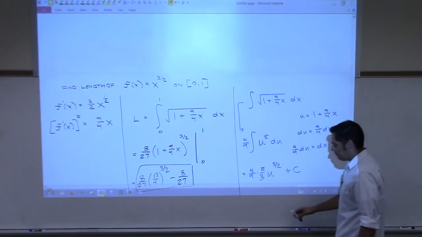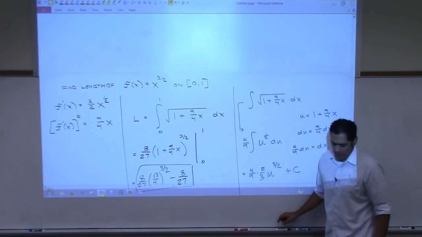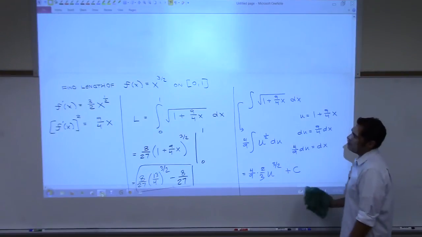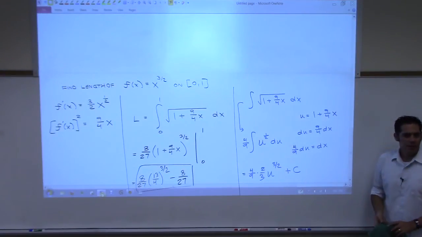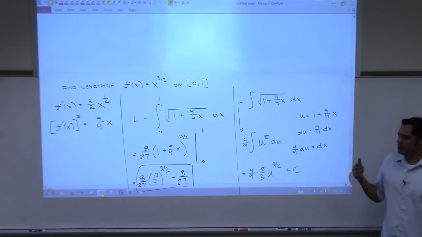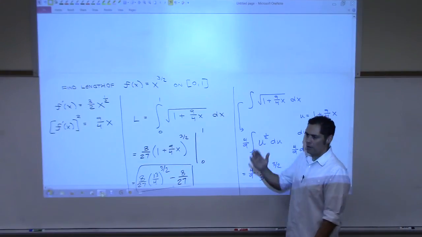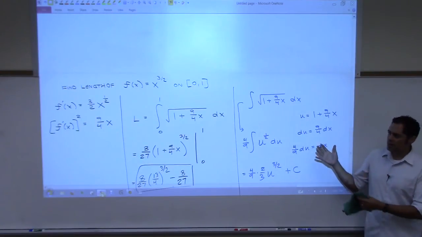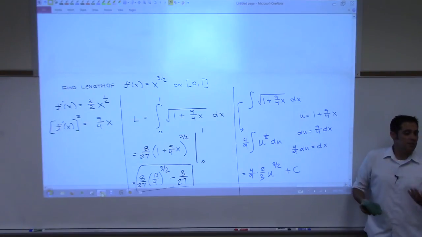Now, why would you ever need an arc length, right? It's kind of strange, but in Cal 3, what we do is we extend this out. Right now, this is a curve on a flat sheet of paper, right? But imagine that you can take this concept and extend it out into three-dimensional space.